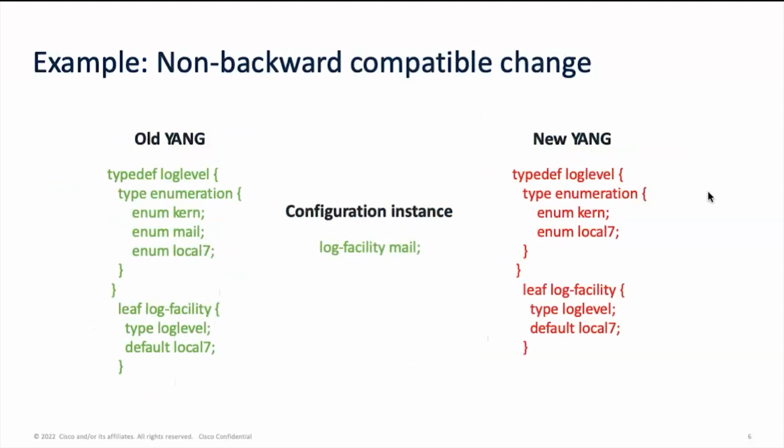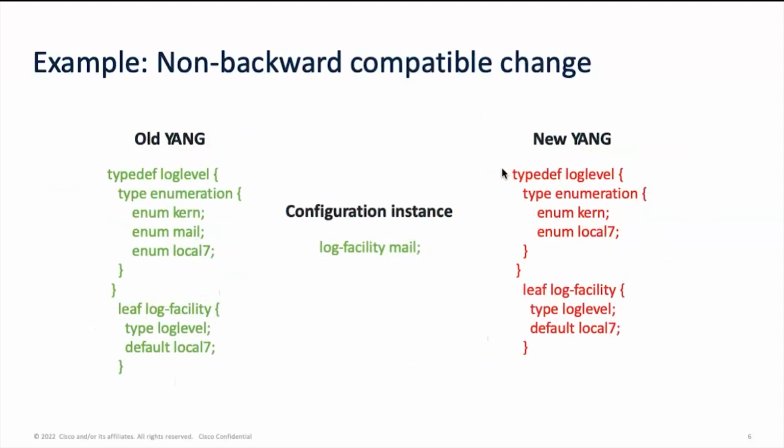In the new Yang model that we introduced, we wanted to get rid of the mail enumeration. So we removed the mail enumeration from this type. We still have the same node, same leaf definition here, same type, also the same defaults. By removing mail from here, that means log facility can never have mail as a value.